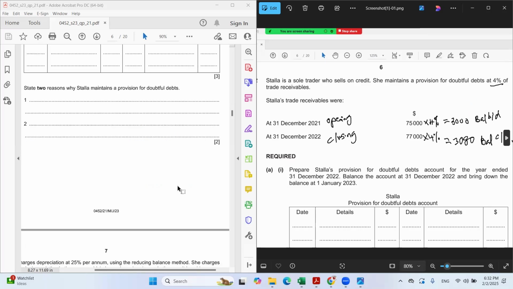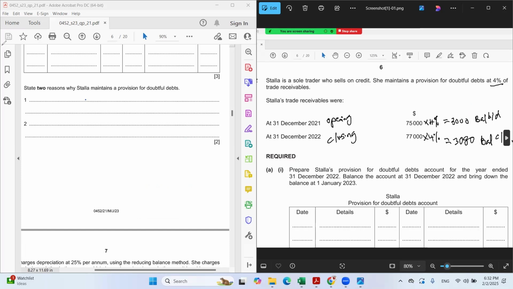Next, state the reason why Stella maintained a provision for doubtful debt. Under the accounting principles, the principle behind making a provision is the prudence principle. Under the prudence principle, we need to make sure profit and assets are not overstated.